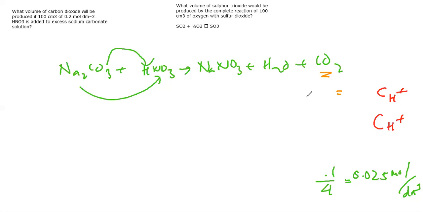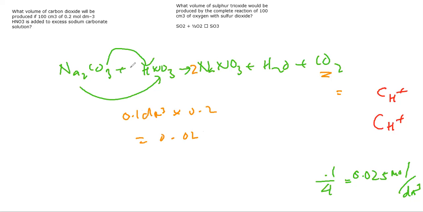So what you need to do is convert everything to mole. It's the keyword that you need to have when you encounter questions about stoichiometry. So you convert this one to mole: 0.1 dm³ times 0.2, which is 0.02. And before that, I have to check whether this one is balanced or not.